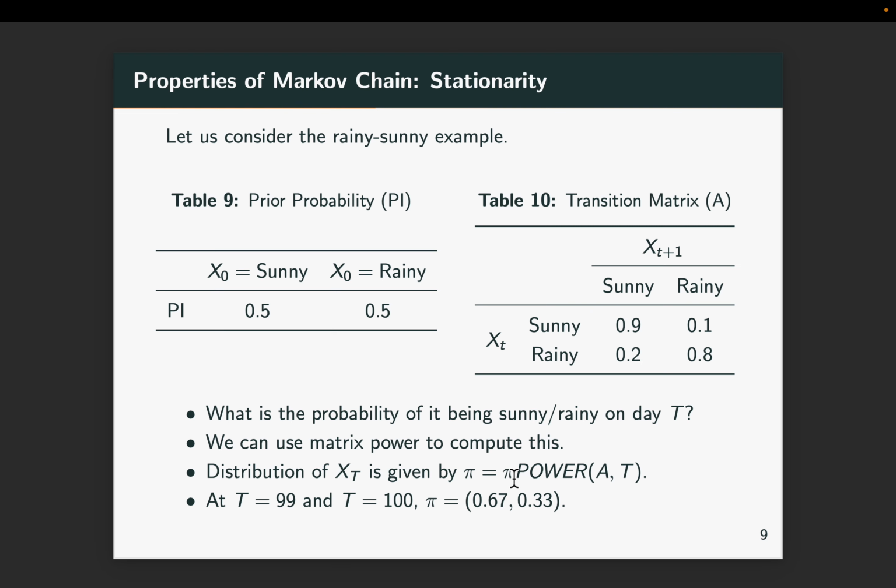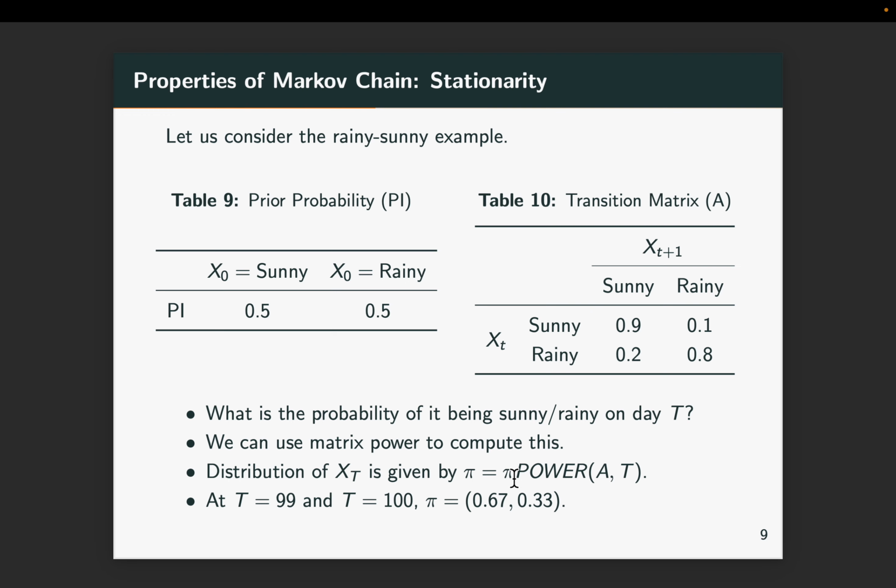What do you understand from this? As time increases, the probability of sunny increases with respect to the probability of rain. But my question is simpler.